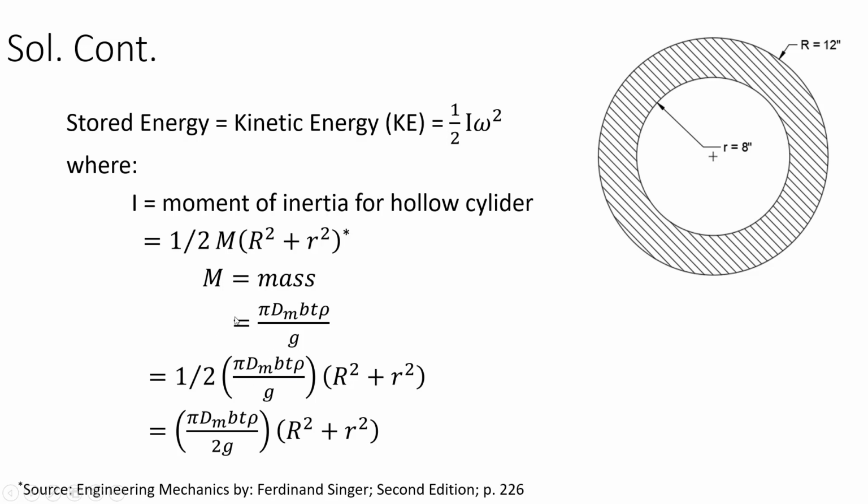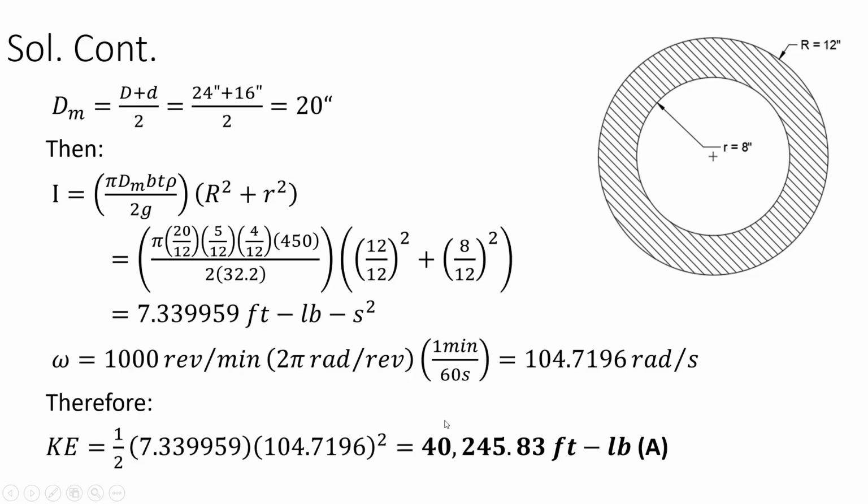Inserting it in our formula for the moment of inertia, we arrive at this equation: the volume times the density over 2g, times the outer radius squared plus the inner radius squared.